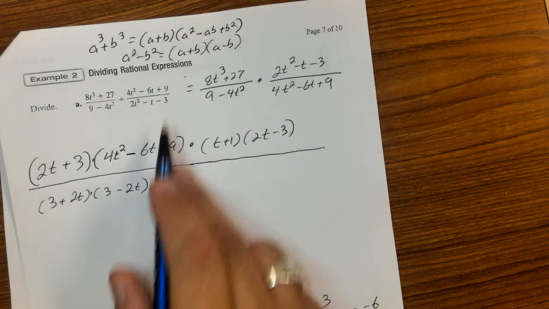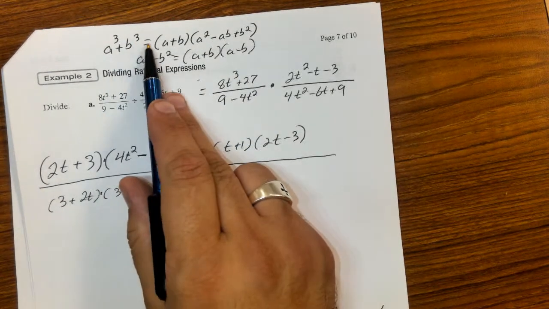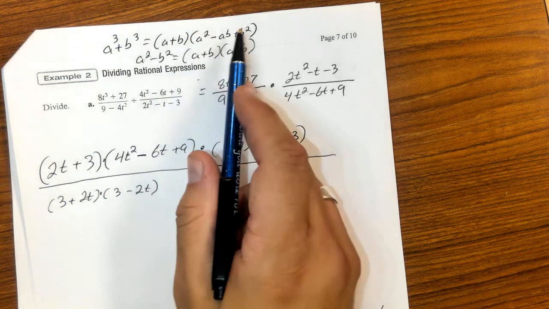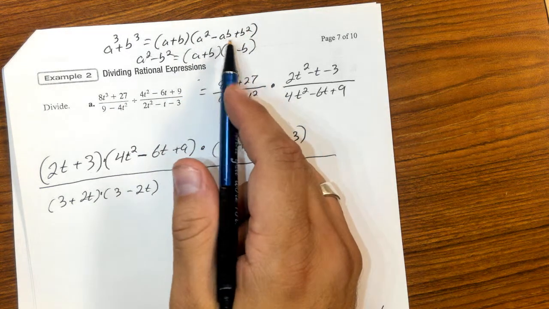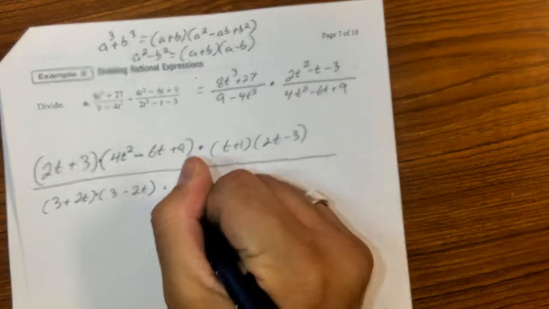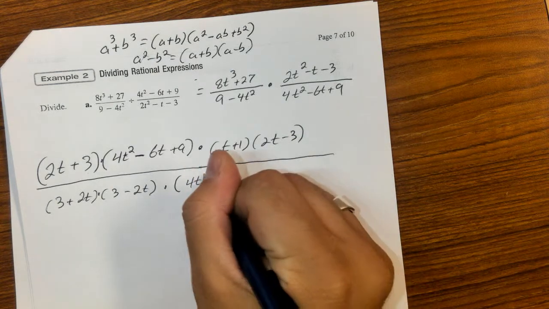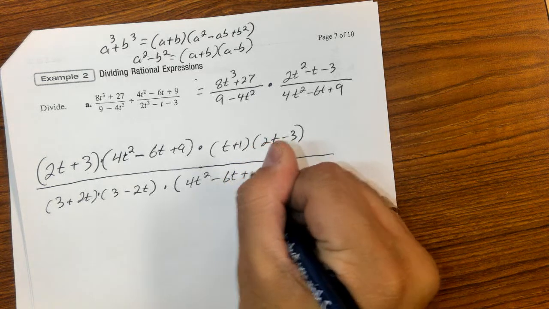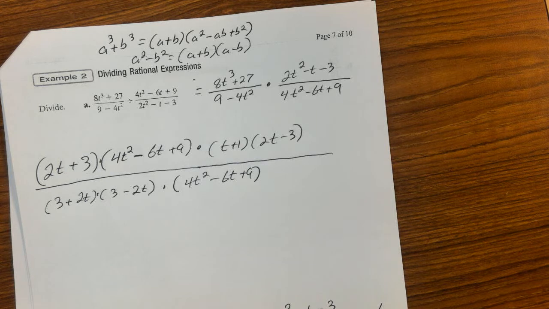One thing to keep in mind, always remember, when you factor a sum of cubes or difference of cubes, the second factor can no longer be factored. So that means it's prime over the real numbers. So we're just going to write that as we do in the first one here. So in the numerator here, 4t squared minus 6t plus 9 is going to be in the denominator.